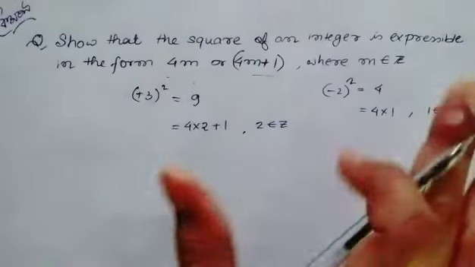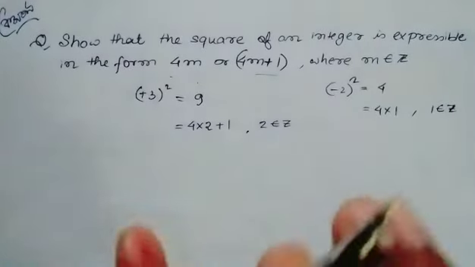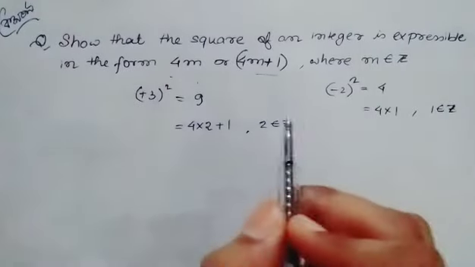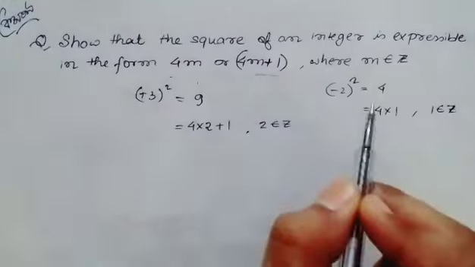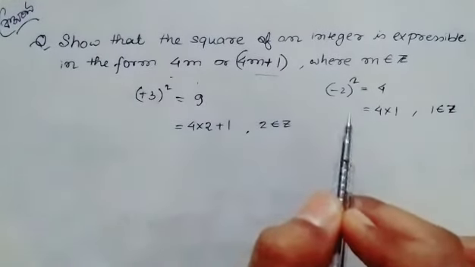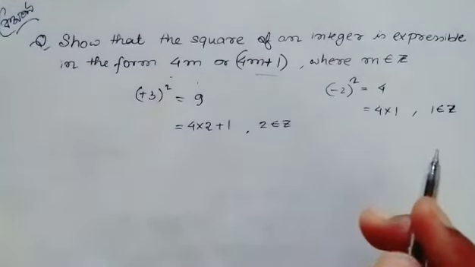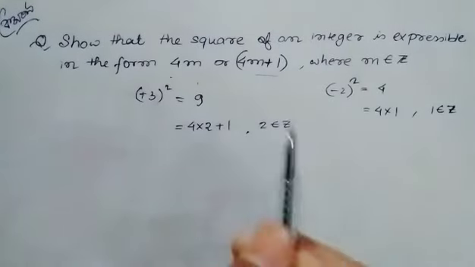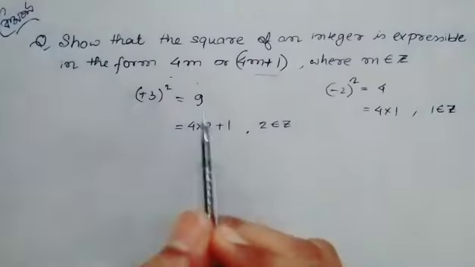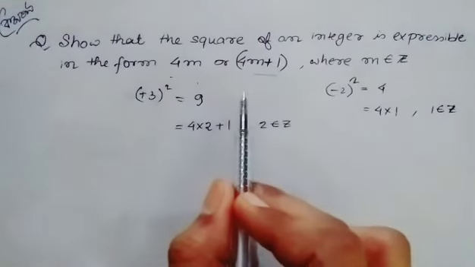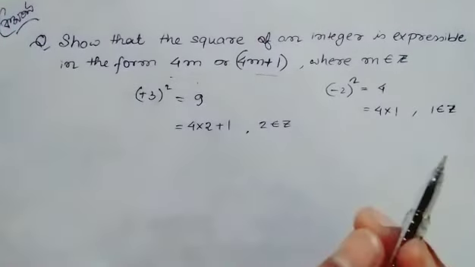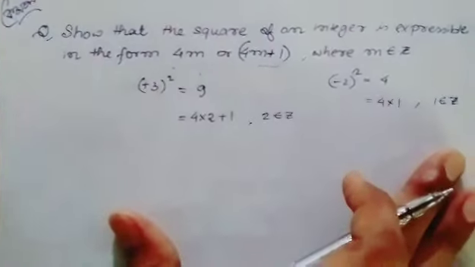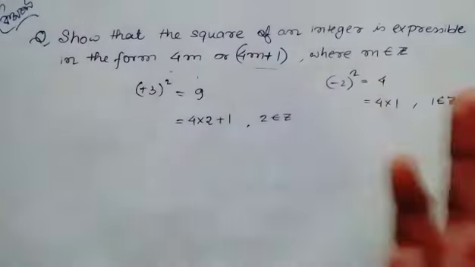So for simplicity, if you square the even integers, then you can express it in 4m form, and if you square the odd integers, then you can express the result in 4m plus 1 form. Okay, so let us prove this statement.